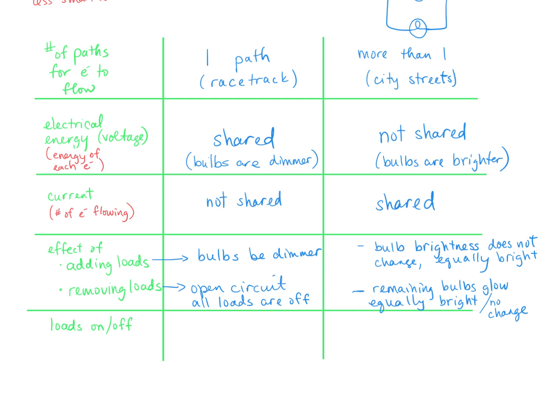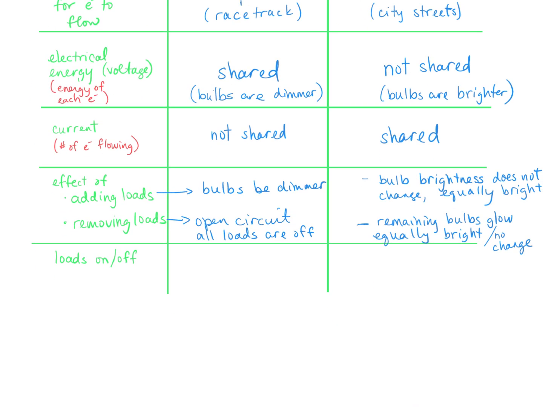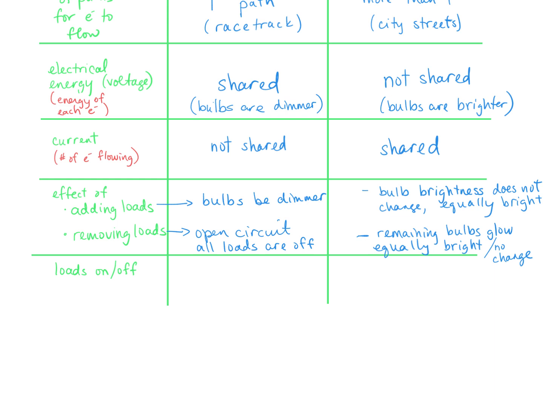All right, and so that leads us into the last piece here. Because all these loads are in the same path in a series circuit, they're either all on or they're all off. So we'll make that point that these devices or loads are either all on or all off.